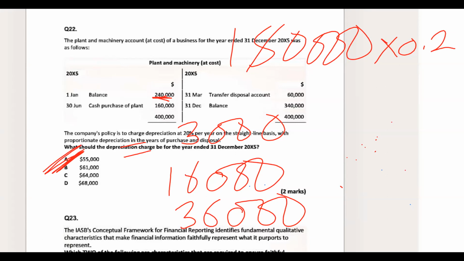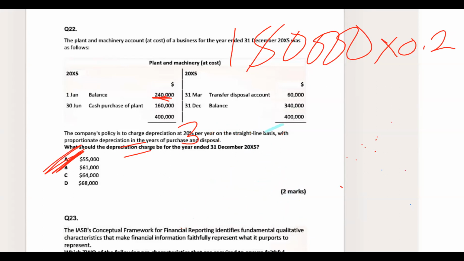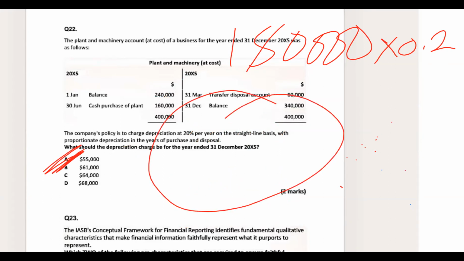Let me explain the reason why. When you add the depreciations you have found, you had found 3,000 for the first 3 months. You had also found 36,000 for 12 months. That is the asset that stayed from January up to December.